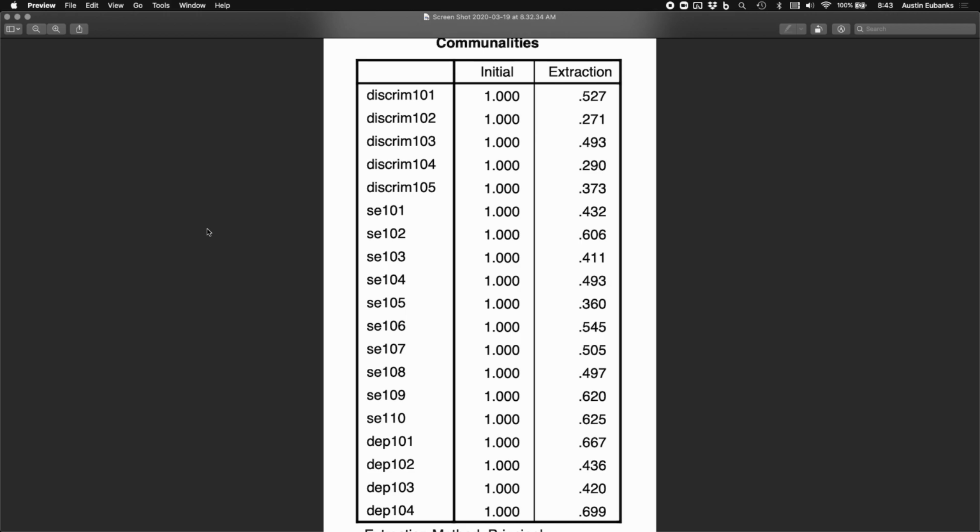And again, one thing I just want to point out is the reason that the principal function doesn't have anything for the initial column. This is important to remember. It's one of the key distinctions between PCA and EFA: in a PCA, everything starts with 100% of its variance in there. So anytime you're looking at a PCA, that initial included variance is always going to be 100%, so it's always going to be redundant, which is why we don't get this information from this particular function.